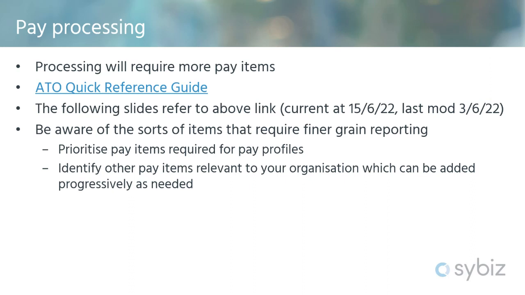And for those reviewing this webinar down the track, the information on the following slides is current as at the 15th of June 2022, and the ATO last modified the information on the 3rd of June 22. So if you do want to refer to that ATO quick reference guide, be aware that the last modified date will be down the bottom of that page, and it may have changed.